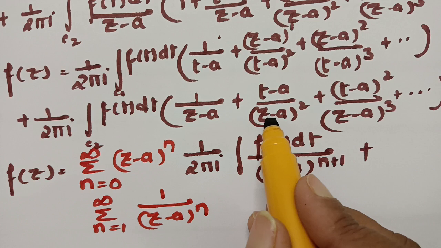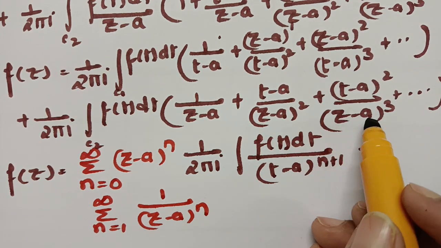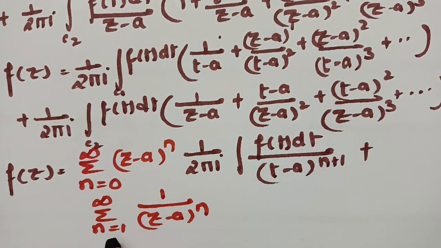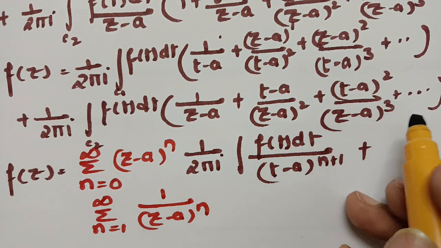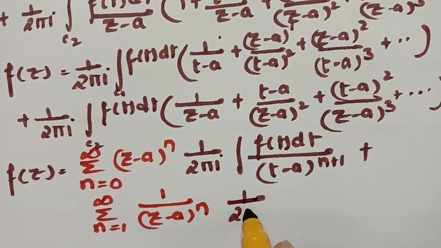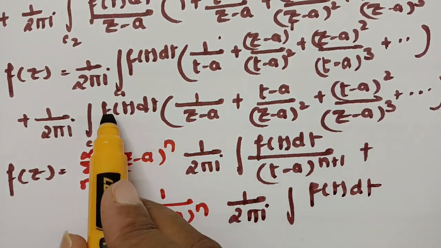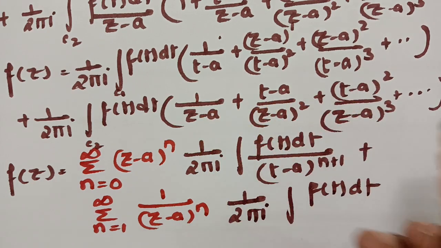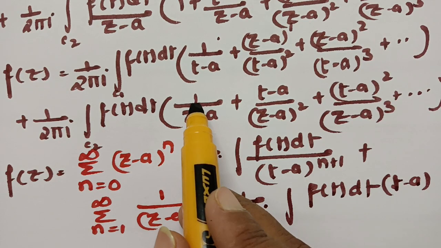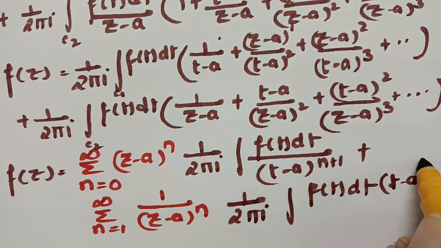If I keep 2 here, I'll get (z minus a) square, and if I keep 3 here, (z minus a) whole cube, and the rest I'm writing as 1 by 2 pi i integral f of t dt by, this is (t minus a), so this is 1, so I am writing this 1 as power n minus 1.